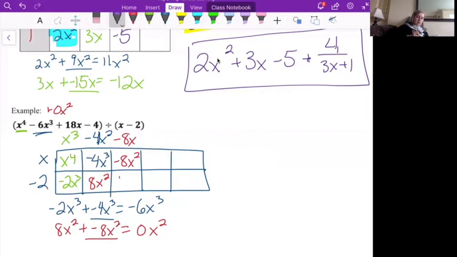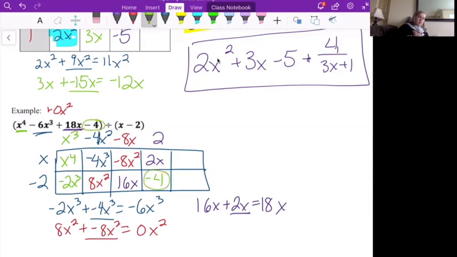And so then this would be a positive 16x. And again, we want 16x plus something to equal 18x. So that would be 2x. So then this would be 2. So this would be negative 4. And then that is what we want. So then our remainder is 0.